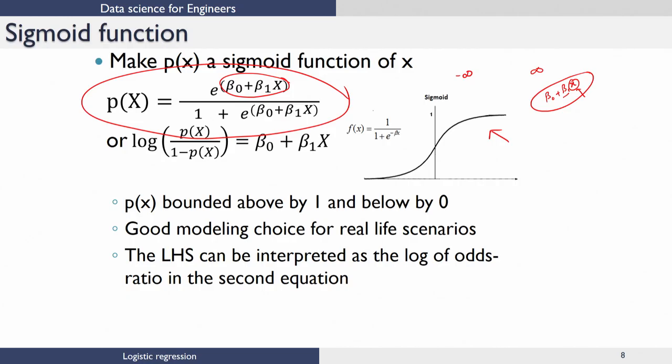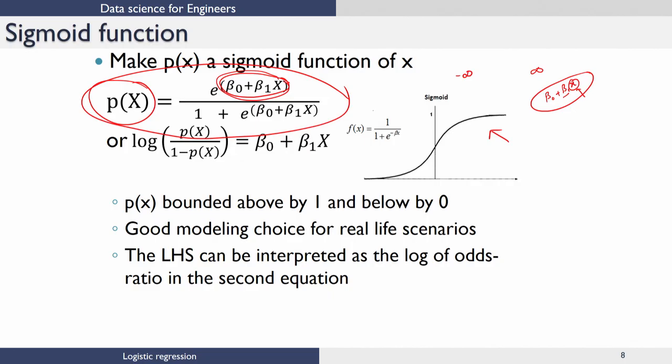So, from the equation for the hyperplane, we have been able to come up with a definition of a probability which makes sense, which is bounded between 0 and 1. It is an important idea to remember.